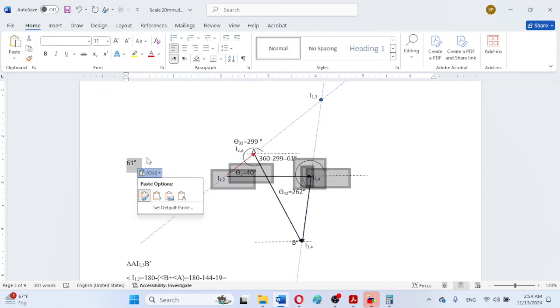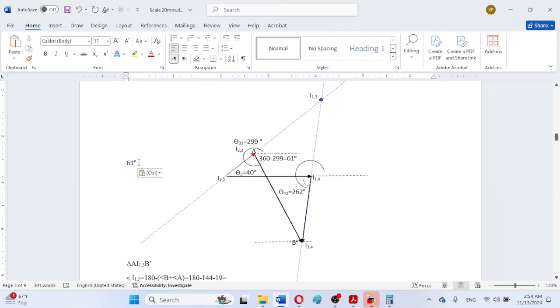Just copy and paste it here and move it here, like this.